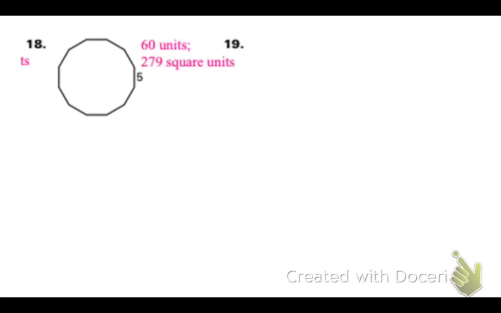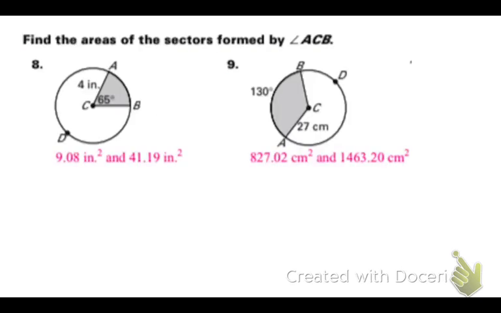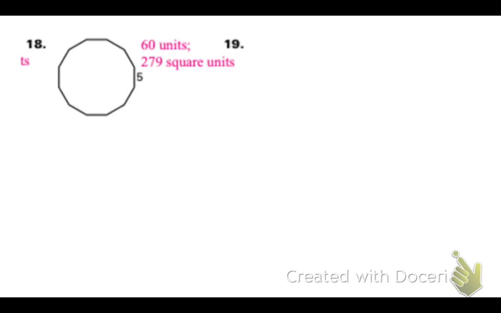And so we know one of our little sides is equal to 5. So right away we know our perimeter, and since it's a 12-gon, 5 times 12 is equal to 60.